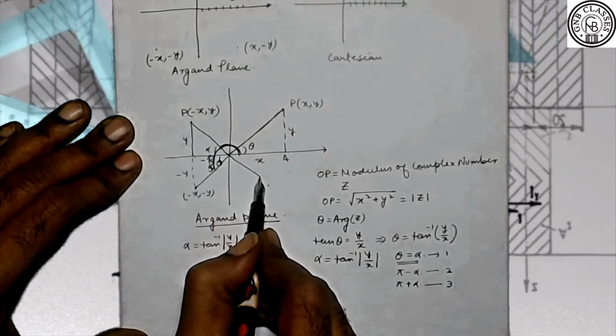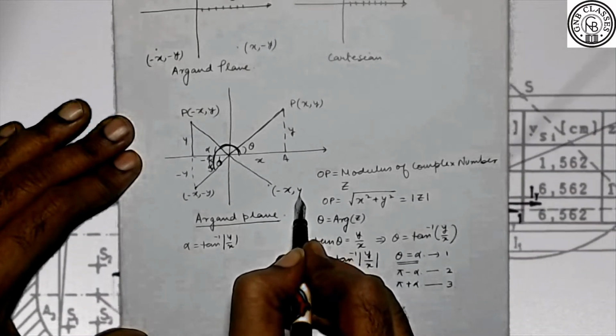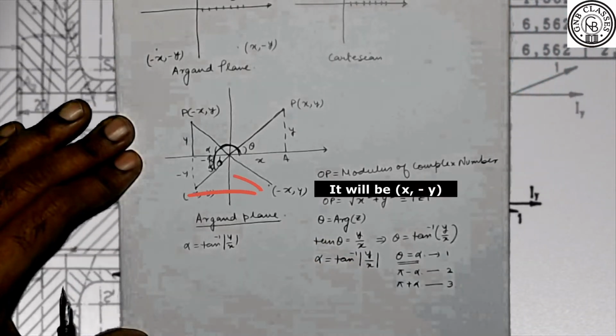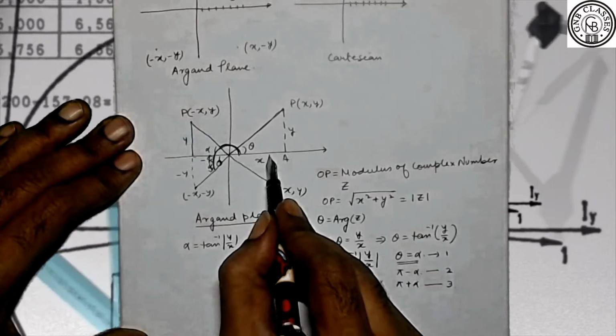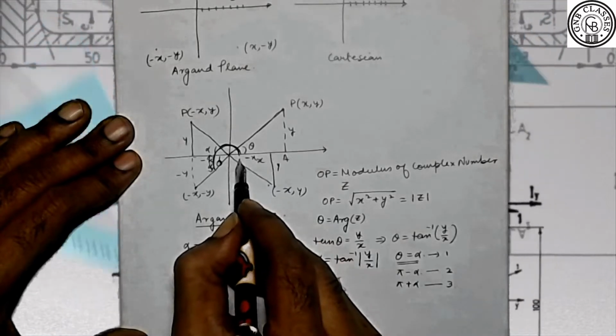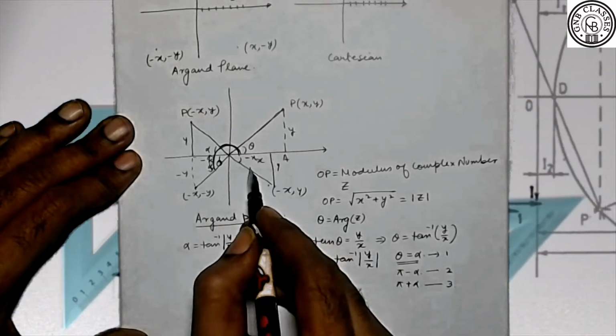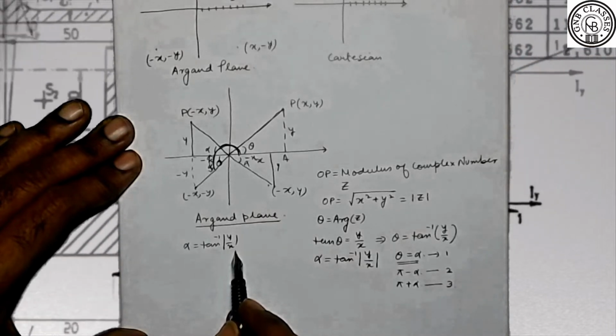Now if the point is in the fourth quadrant, the point will be x comma minus y. Now if I draw a perpendicular again, this is x, this is minus y. So this angle, irrespective of the sign, gives you alpha, which is nothing but tan inverse mod y by x.